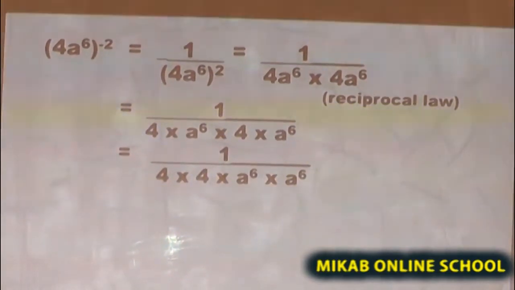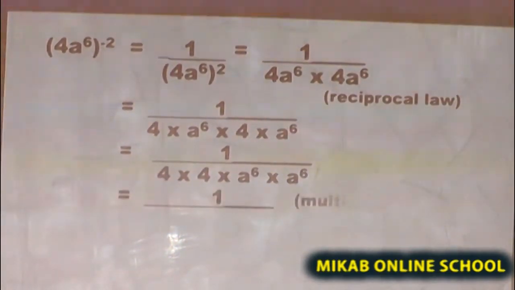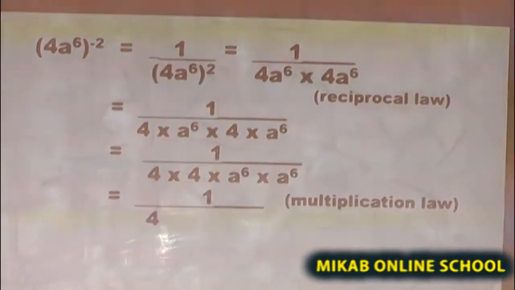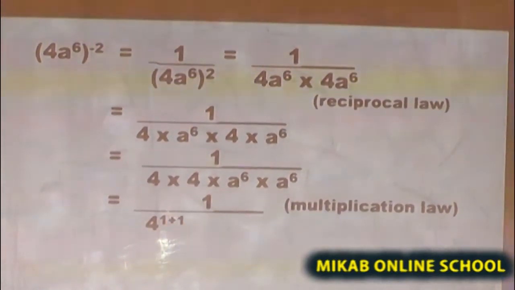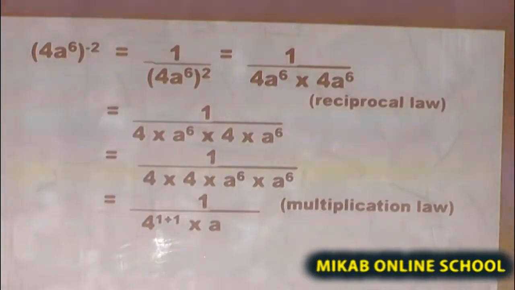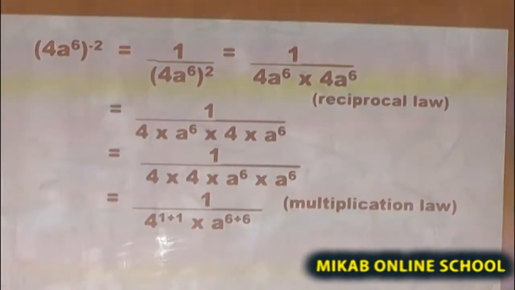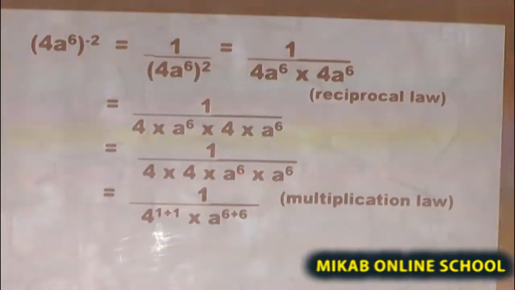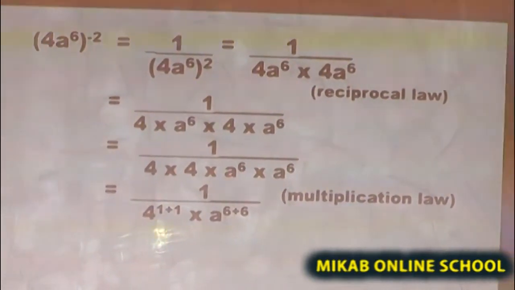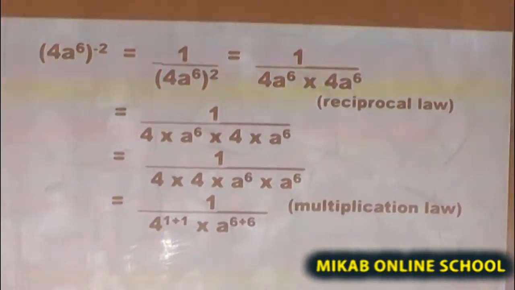So we are going to have 1 all over 4 raised to the power of 1 plus 1 times this a and this a here, which is to the power of 6. We'll pick 1 out of the 2.